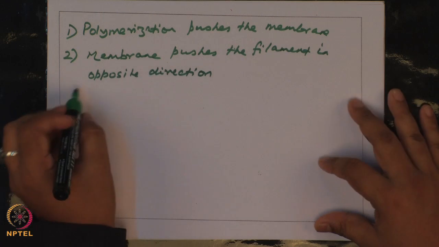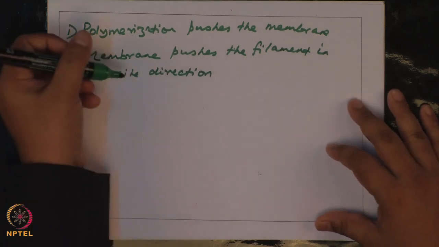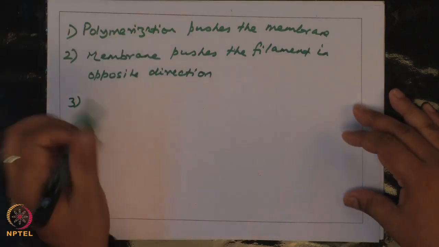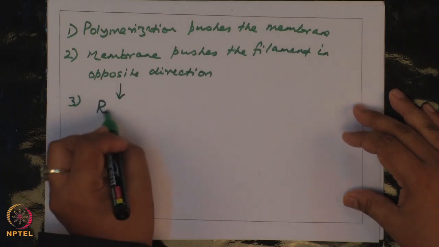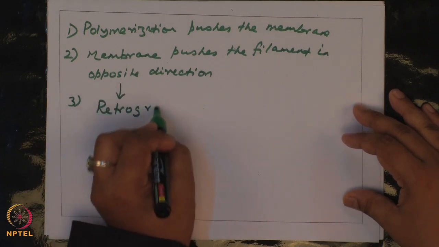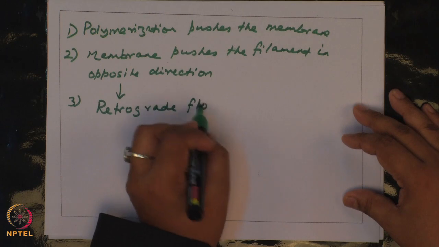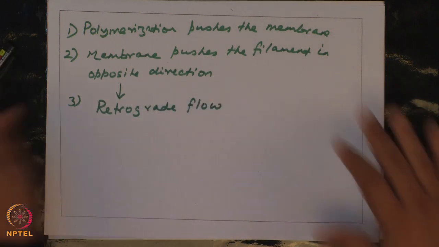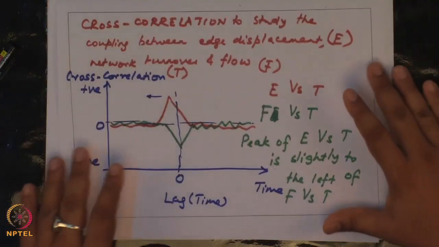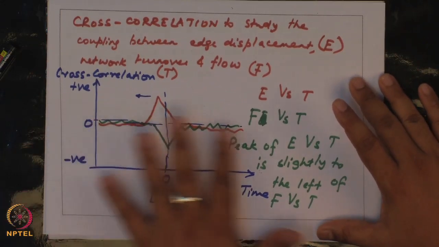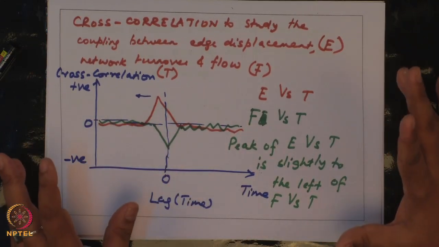As a consequence, if the membrane pushes the filament back, this should lead to retrograde flow. So, once again, this is the time sequence of events in terms of cross correlation.